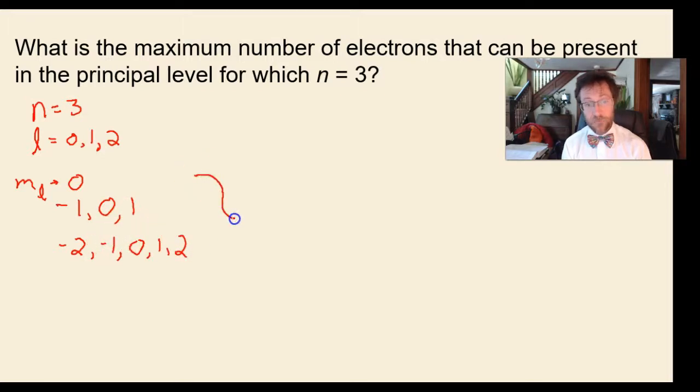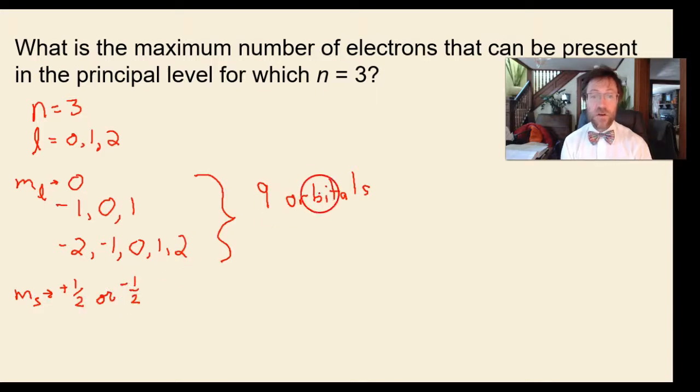This tells me that there are 9 orbitals. So the next thing is going to be my m sub s, and this is going to be either plus 1/2 or minus 1/2. So there are 9 orbitals.